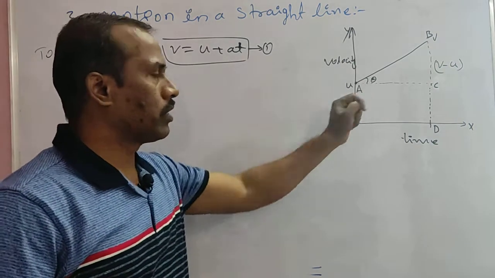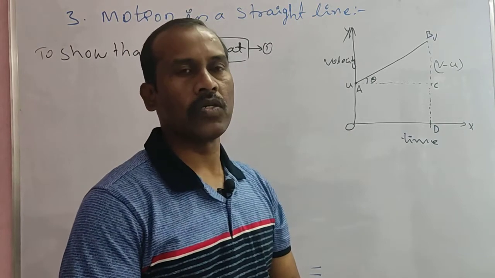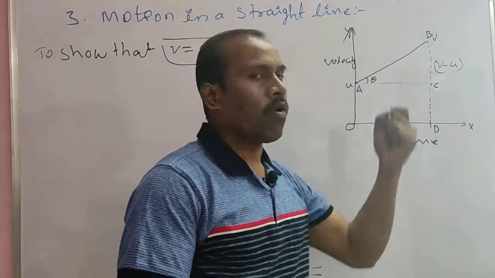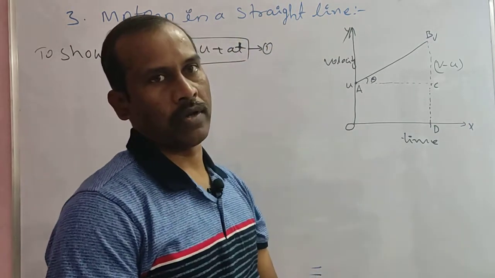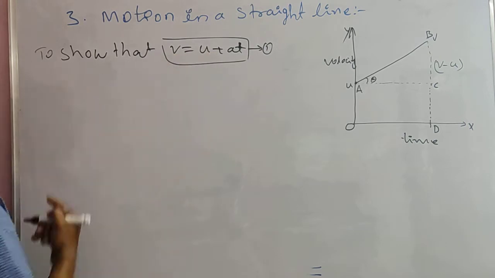Now, in this graph, ab is the slope that gives the acceleration of the particle.